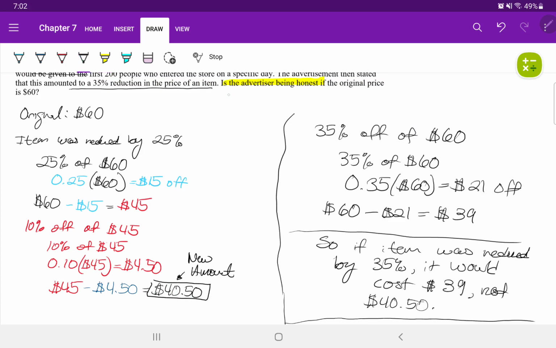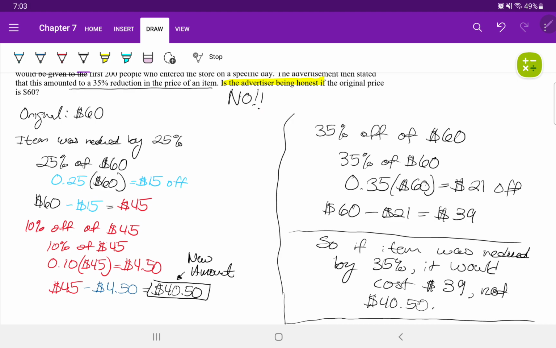The answer is no. The advertiser is not being honest. This is not a 35% discount. Using the 25% reduction and then using the 10% additional percent off, that is not a 35% reduction. So, I was able to prove that.